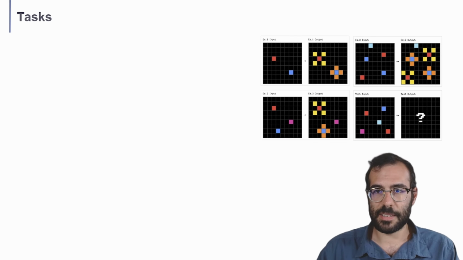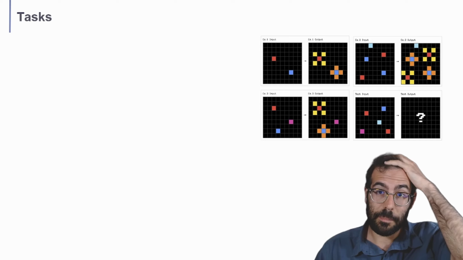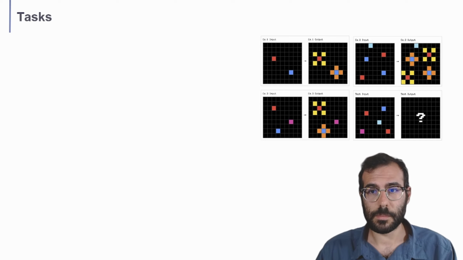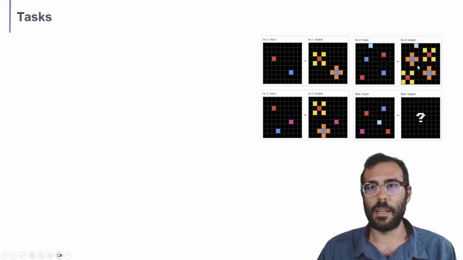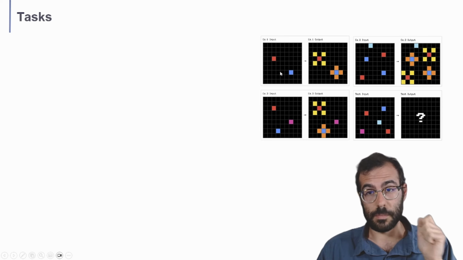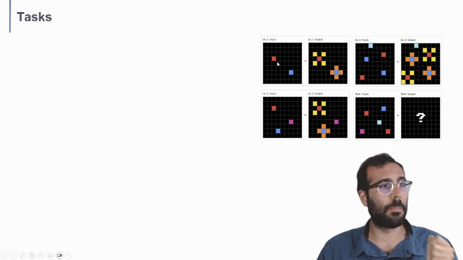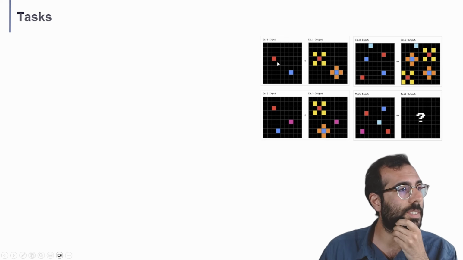So what do the tasks actually look like? Well, each ARC task consists of a set of example grids, and then usually one, perhaps more, tests. Each example consists of an input and an output.